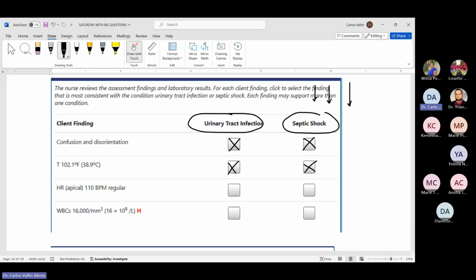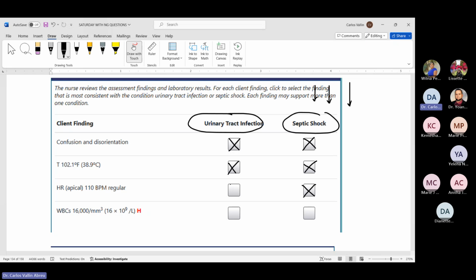Heart rate 110 regular. Well, this is tachycardia. Tachycardia is a compensation, can be seen in both, because in urinary tract infection, we have fever, we can have tachycardia. What we know is that the tachycardia in septic shock is to compensate the hypotension, because of the decreased cardiac output that you see in shock.